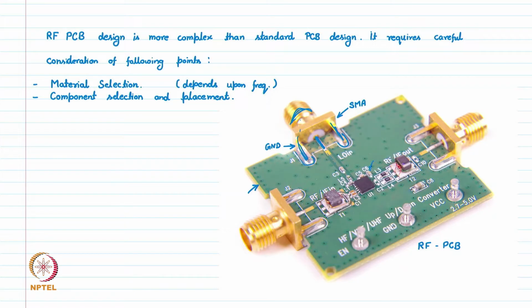For example, these are the capacitors we are using on board here. So we need to choose these components very carefully so that the parasitic components of these components, whatever we want to use, are very small and they do not influence our signal propagation.